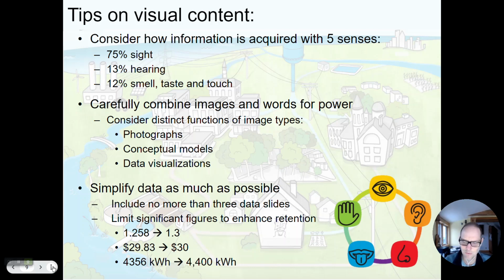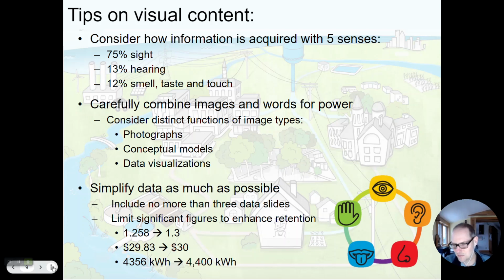And a good example of where people often get that wrong is by including too many digits. It takes your brain the same amount of memory power to store every digit in a number. So in the number 1.258, the 5 and 8 are actually probably pretty unimportant numbers in that.